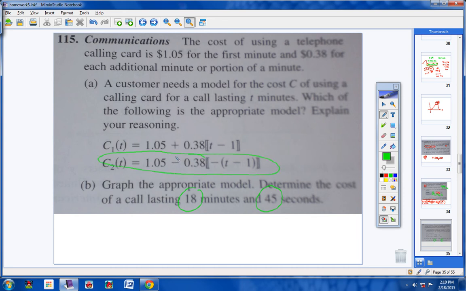I know you guys, I wouldn't either. You would say, okay, 18 minutes and 45 seconds is really 19 minutes. The first minute's $1.05. My other 18 minutes is 38 cents. Multiply it together and go from there. So that's why I'm not wasting my time to do that, okay? It's not really necessary. But this is the proper model here, okay? This is a really good problem when it comes to teaching you to interpret and understand models, okay?